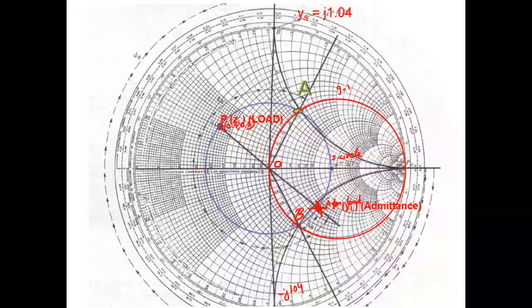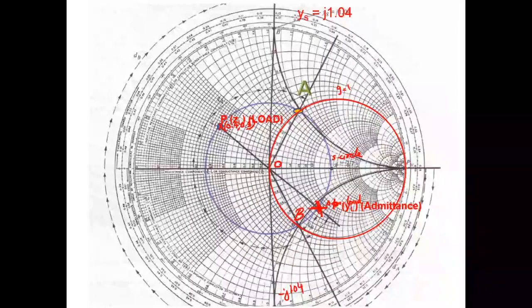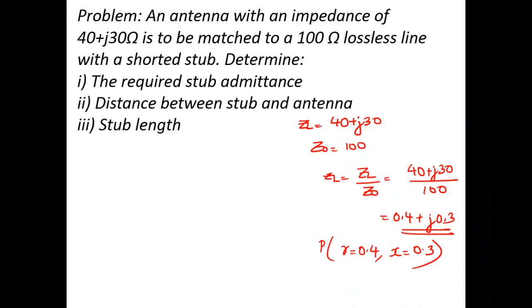Okay. Now the first thing to calculate is the admittance of this stub. In the question, it was asked to calculate the required stub admittance. To get that, the stub admittance is given by capital Y naught into YS, because whatever value you get in the Smith chart is normalized.